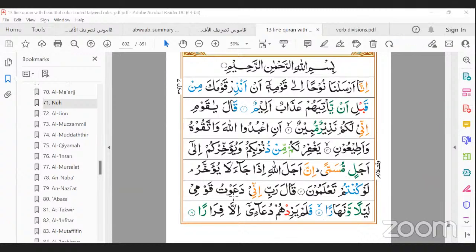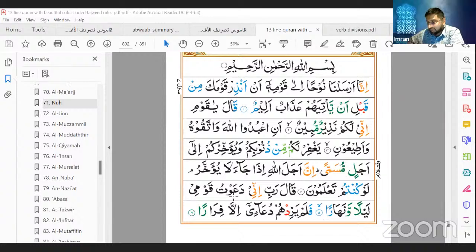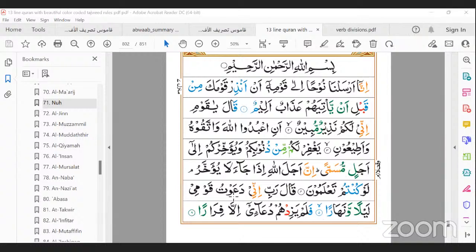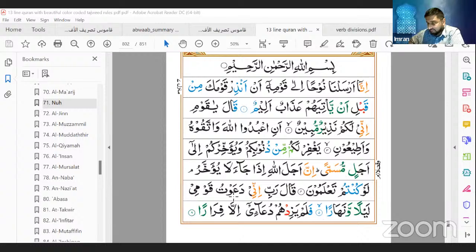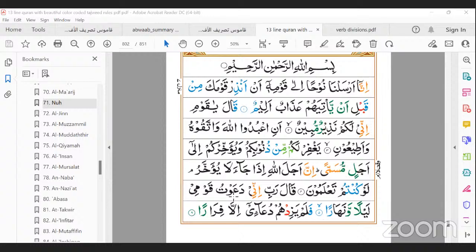It's da'a, then da'awa, da'aw, da'at, da'ata, da'awna, da'awta, da'awtuma, da'awtum, da'awti, da'awtuma, da'awtunna, da'awtu, da'awna.